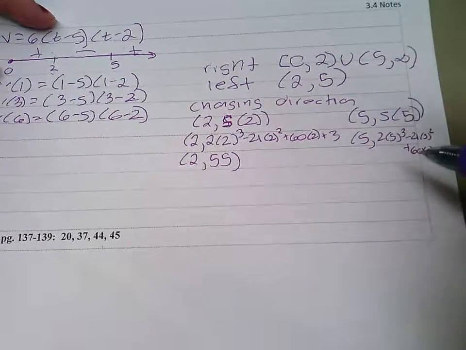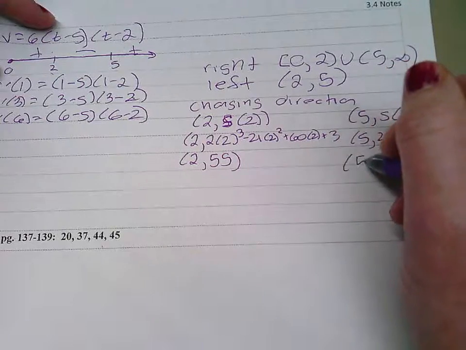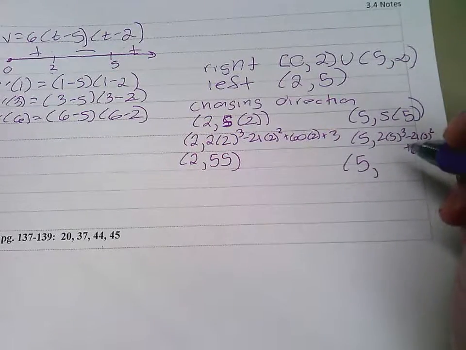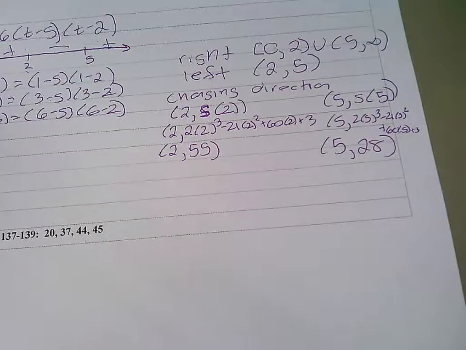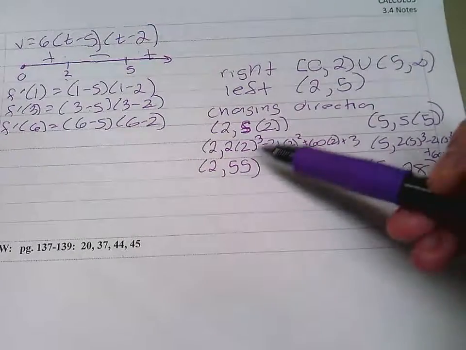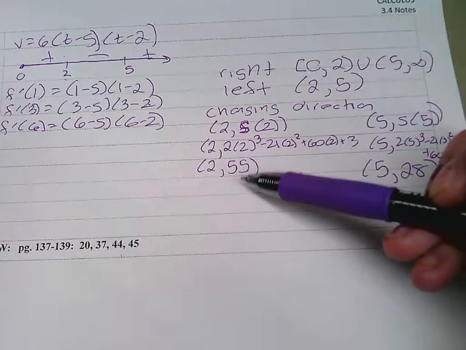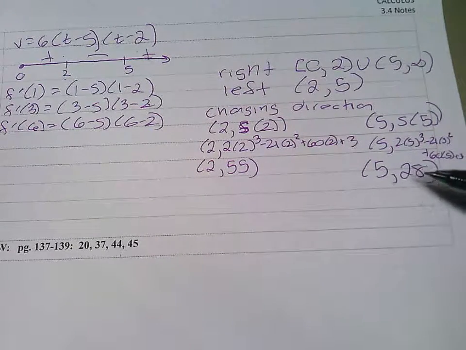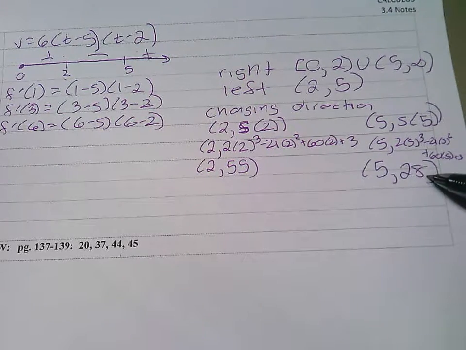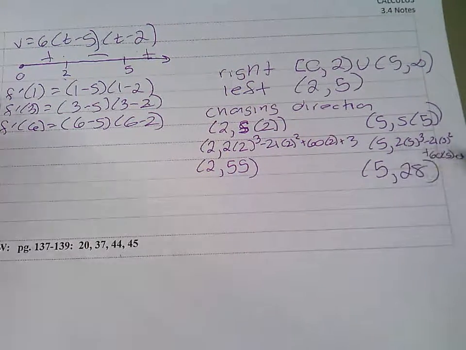And that's going to turn out to be 28. So it's changing direction when it's at position 55 at t equals 2, and at position 28 when t equals 5. So 28 meters at t equals 5 seconds.